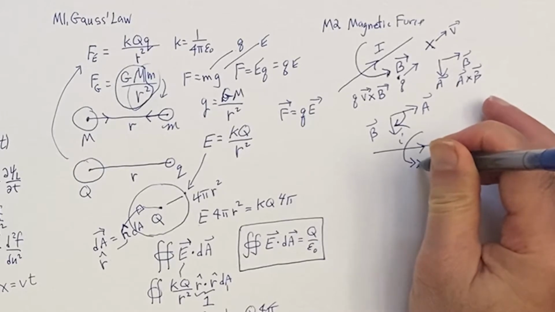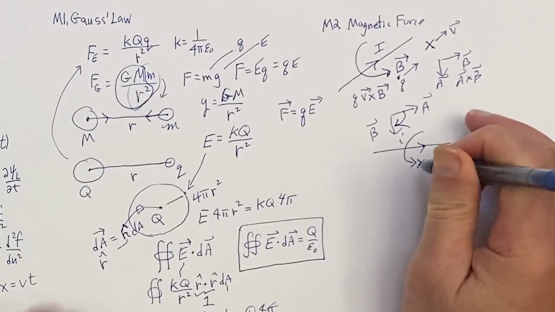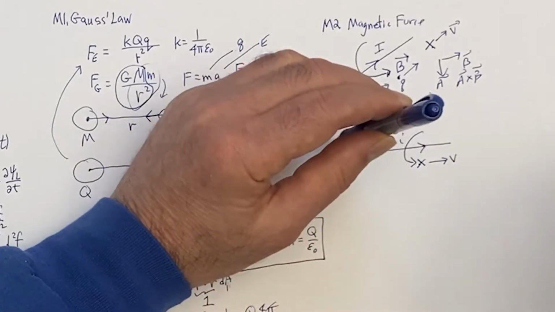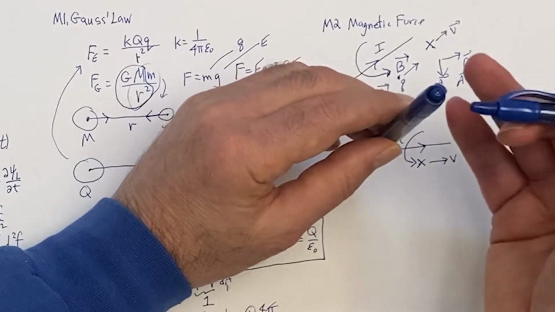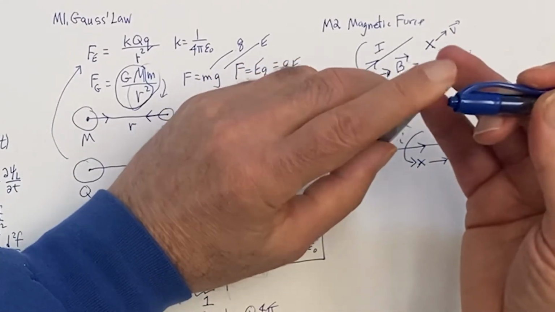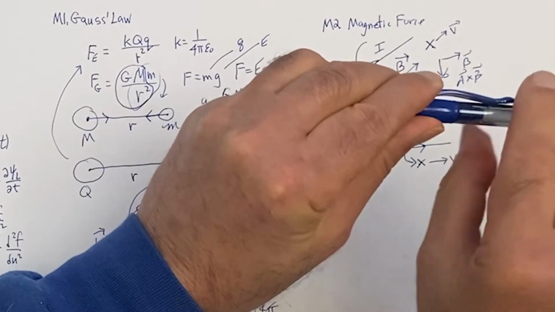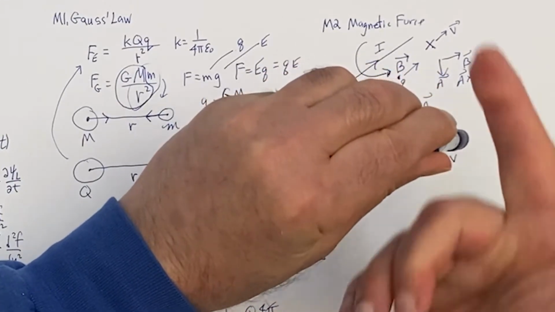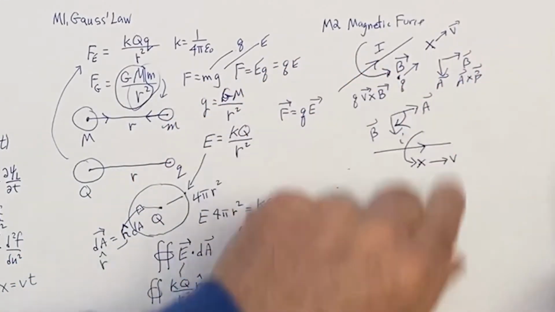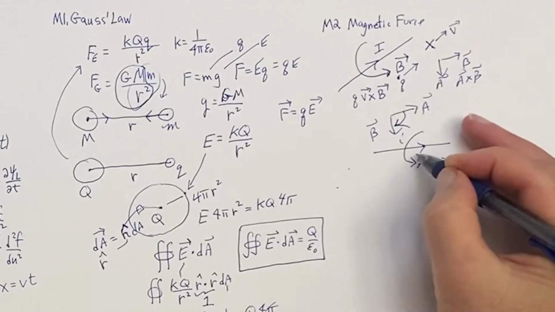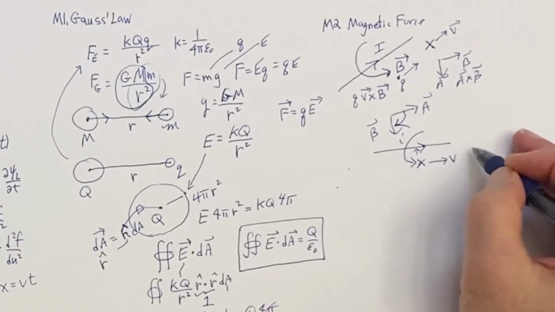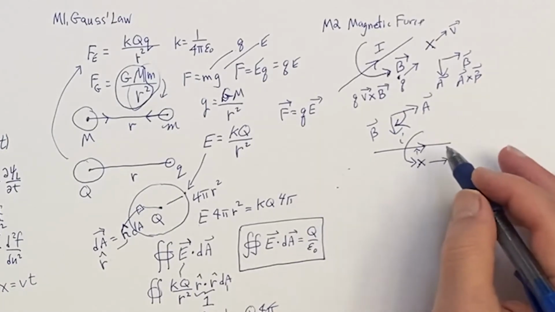If I take the screwdriver and turn V into B, the screwdriver advances toward the wire. So this is the force on a plus charge in the wire.